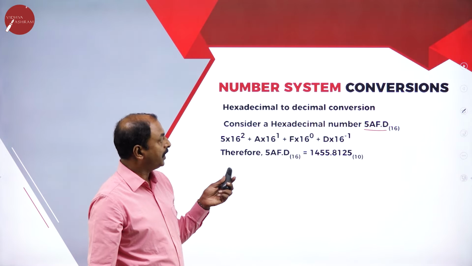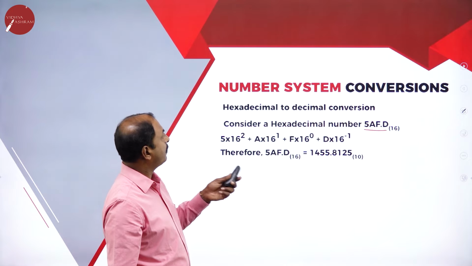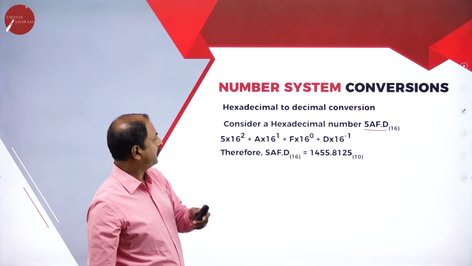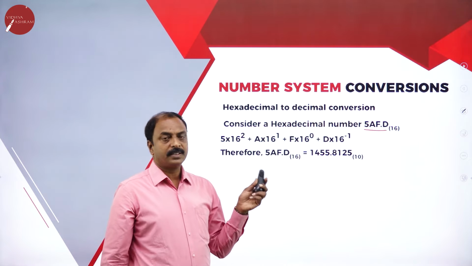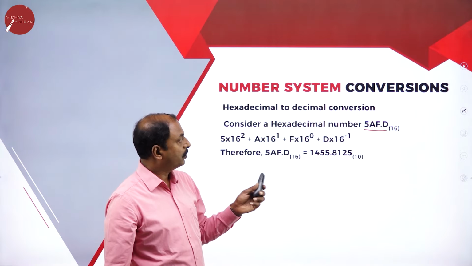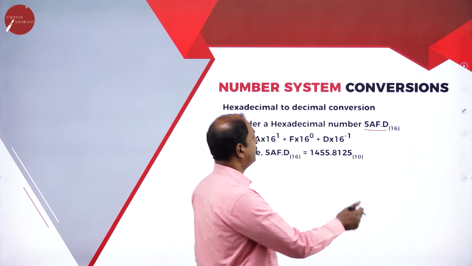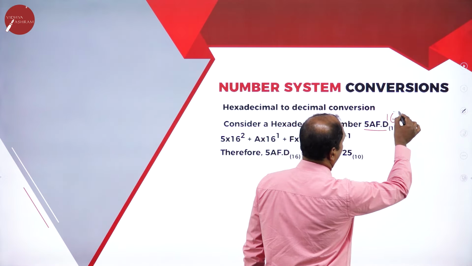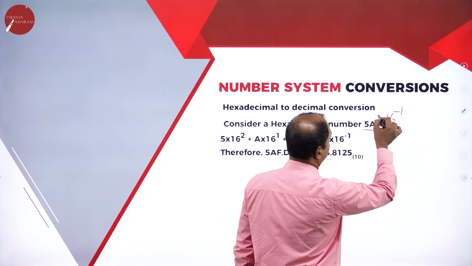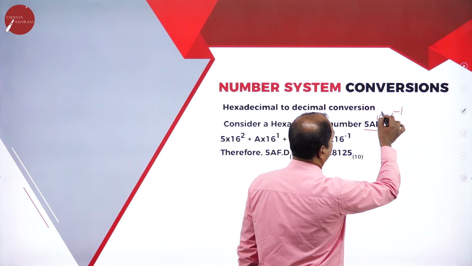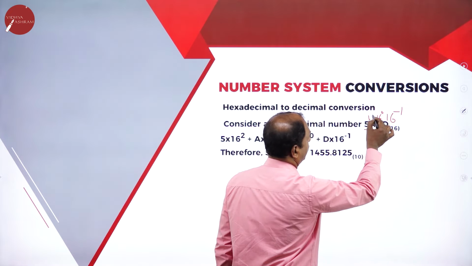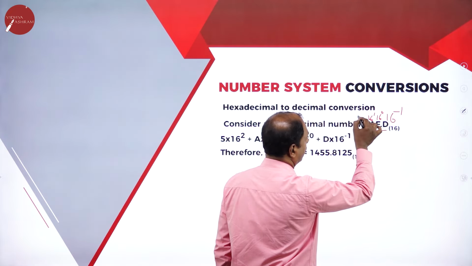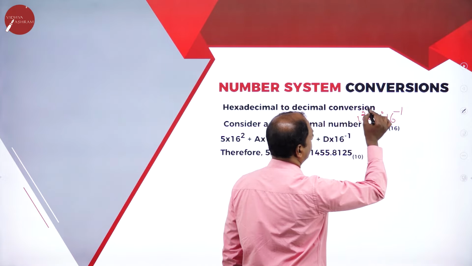As we are converting from hexadecimal number system, we have to multiply by powers of 16. After the decimal point it is 16 to the power of minus 1, and then 16 to the power of 0, 16 to the power of 1, 16 to the power of 2.